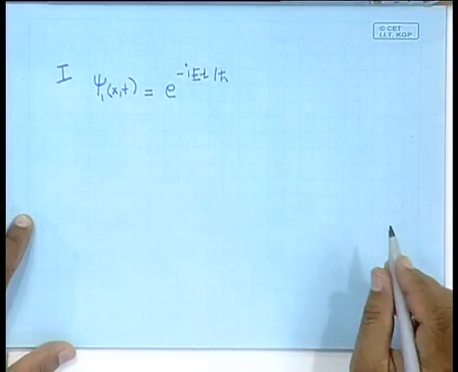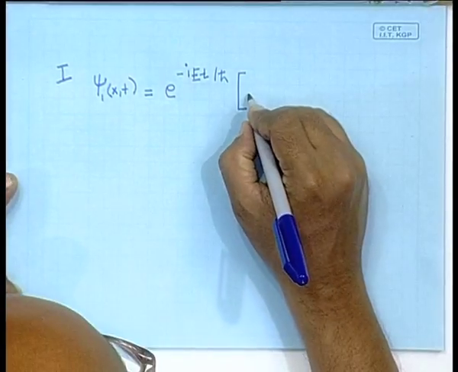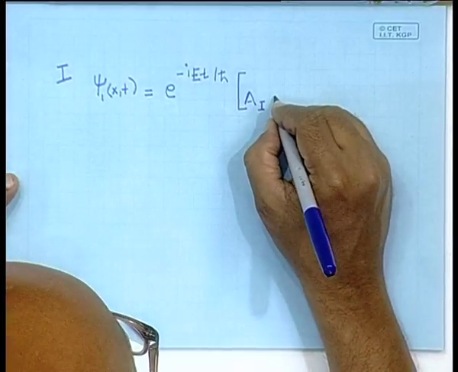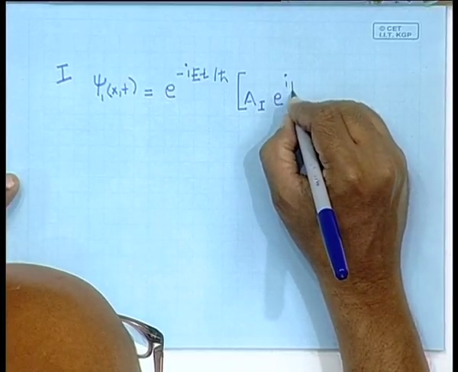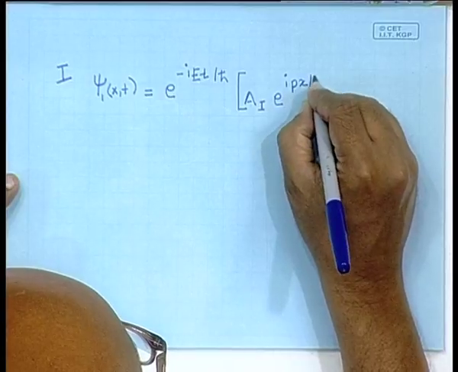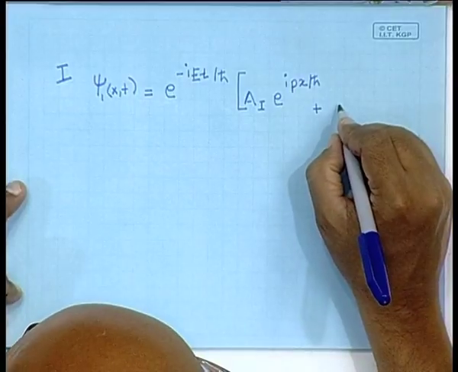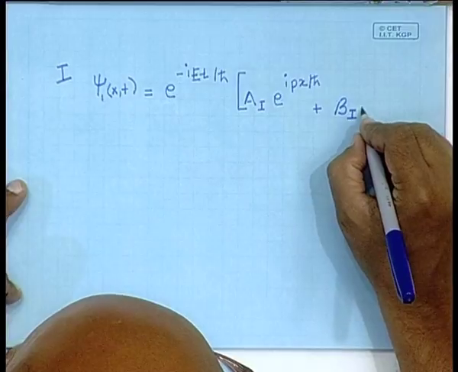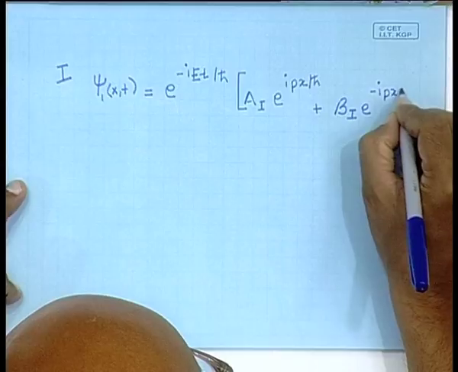So, this is going to be the time part, and the spatial part is going to be A1 e to the power i p x by h cross plus B1 e to the power minus i p x by h cross.